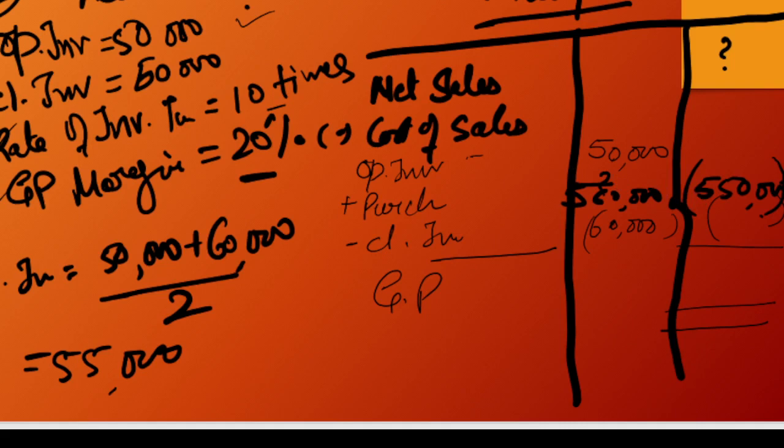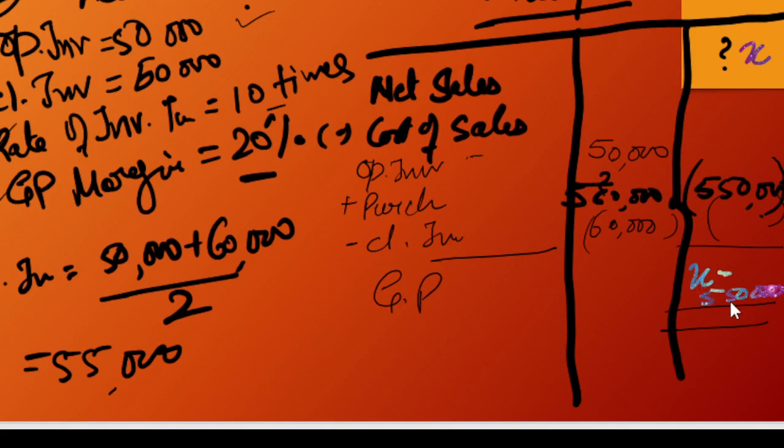Let sales be X. If we put X here, then my GP is X minus 550,000, because to find gross profit, it is net sales minus cost of sales.